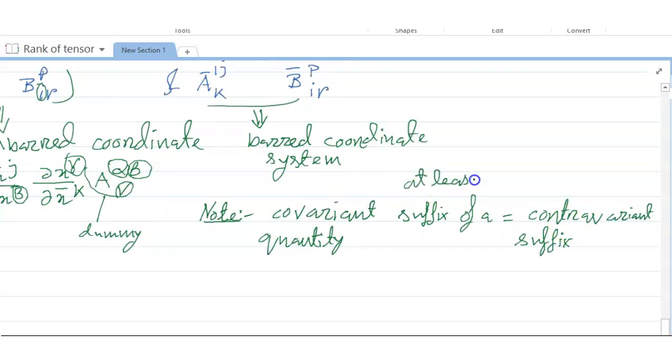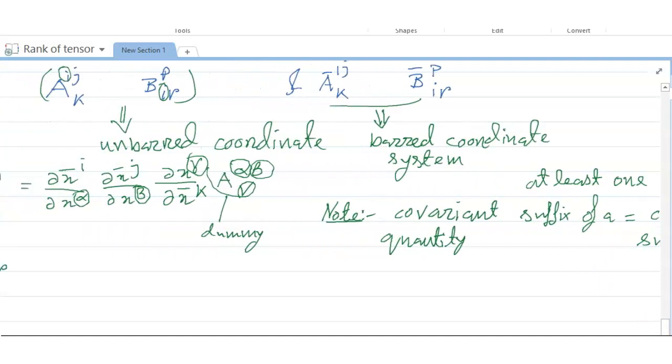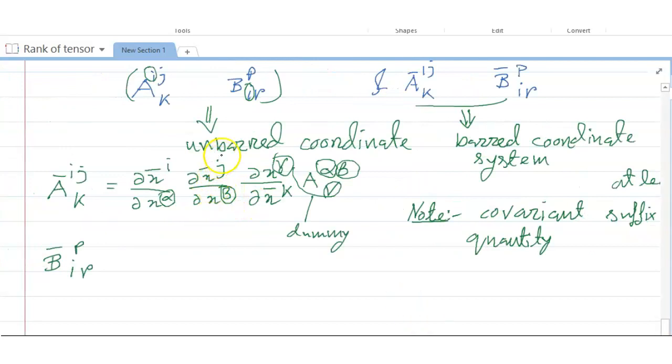Friends, you must remember at least one. It may be 2, maybe 3, but at least one. I discuss only one matching covariant and contravariant suffix. This is my matching suffix.